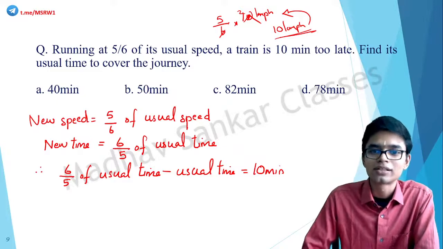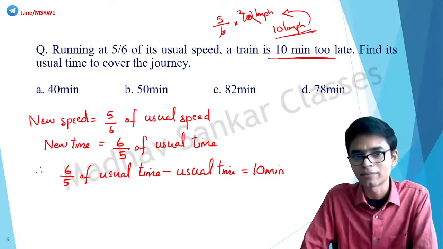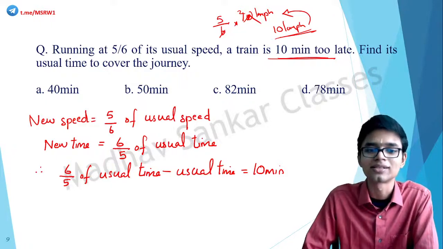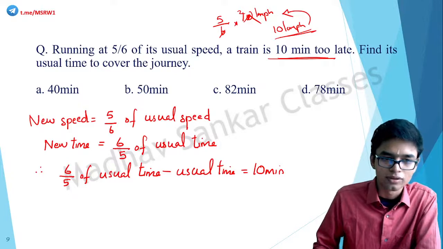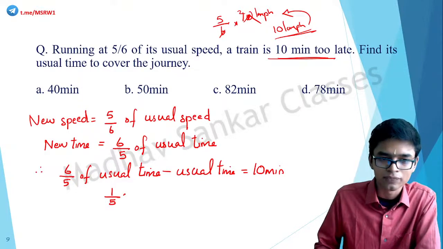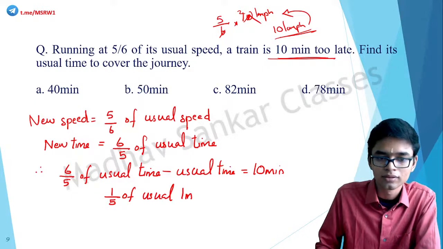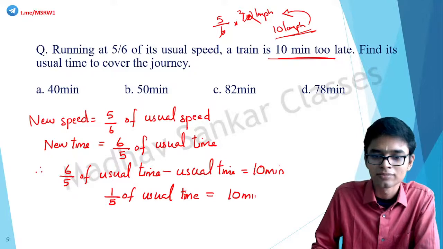Correct? The train is late by 10 minutes. So the new time minus old time or the usual time, that is 10 minutes. Correct, right? So 1/5 of usual time is equal to 10 minutes.